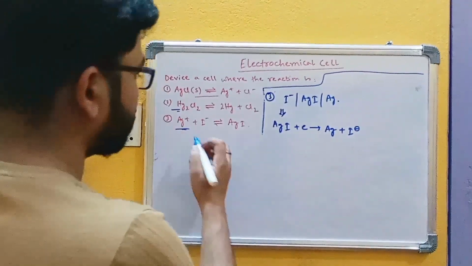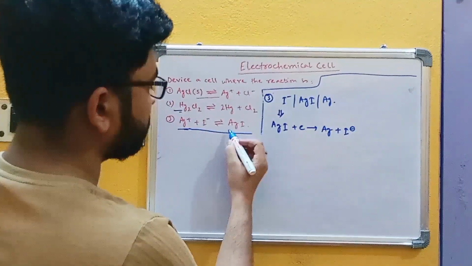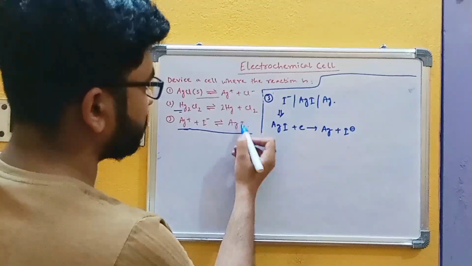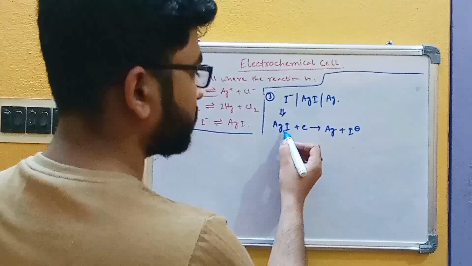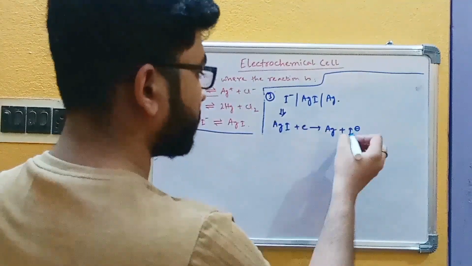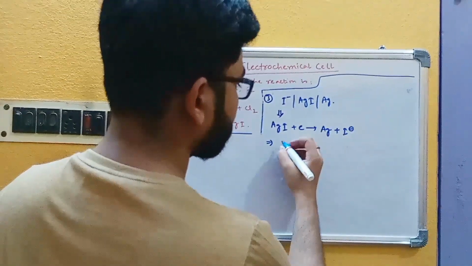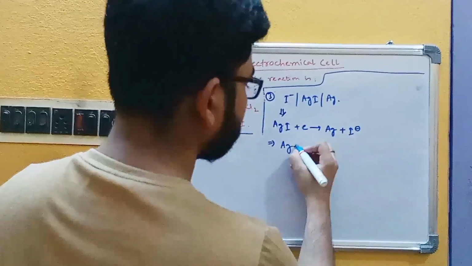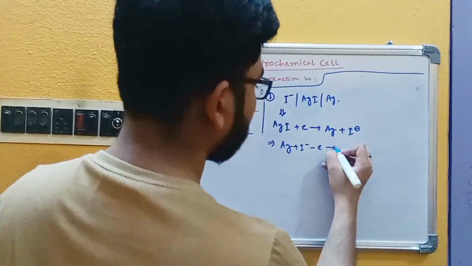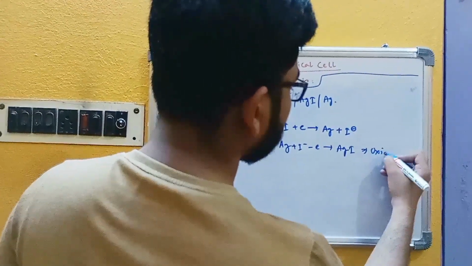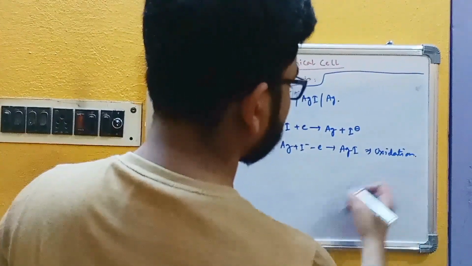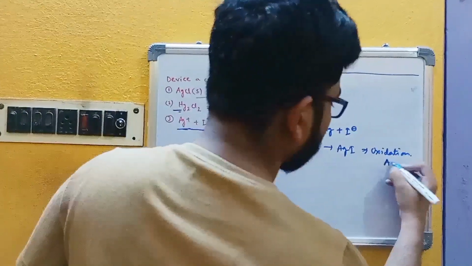From the given reaction, AgI is on the right hand side, so we have to keep it on the right hand side. So we reverse this reaction, that is Ag plus I minus minus electron, and we get AgI, and this is the oxidation and acts as anode.